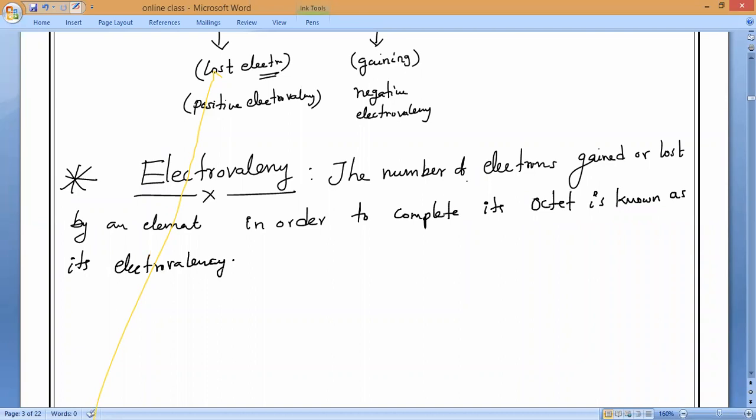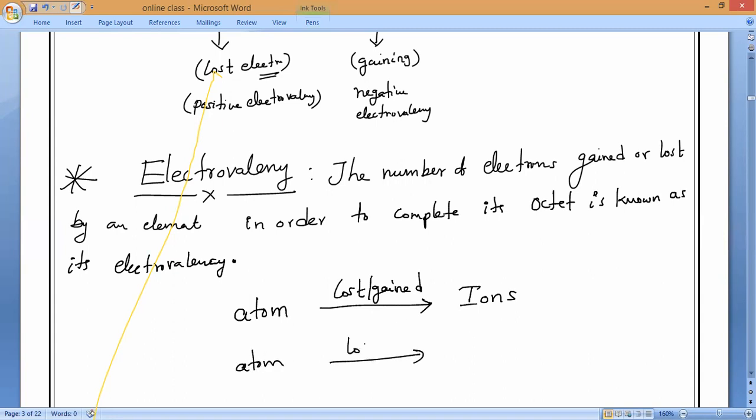Now, all of you remember, by loss of electrons or by gain of electrons, atoms turn into what? Ions.